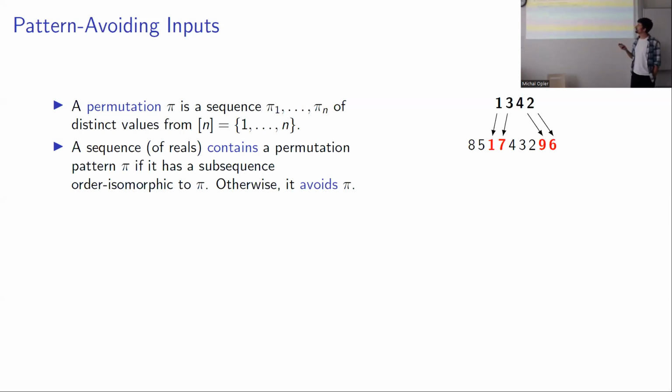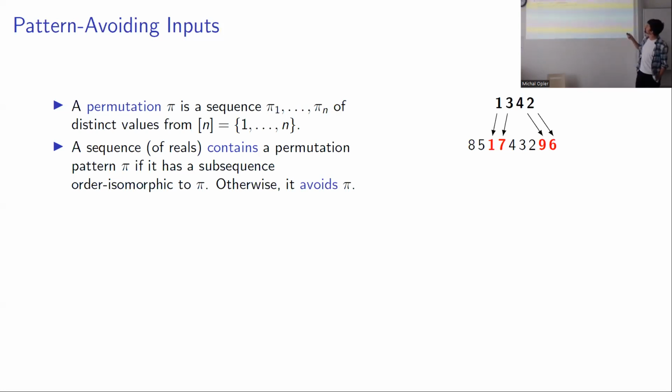A pattern is a permutation, where a permutation of length n is just a sequence of n values from the set 1 up to n. Like here, 1, 3, 4, 2. For any sequence, not of integers but of real numbers, we say that it contains the permutation pattern pi if it has a subsequence in the same relative order, that is, order isomorphic.